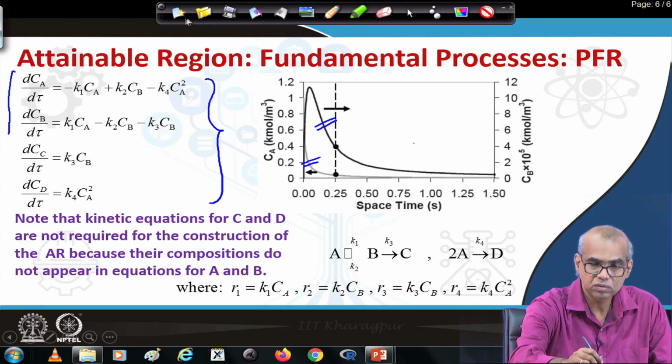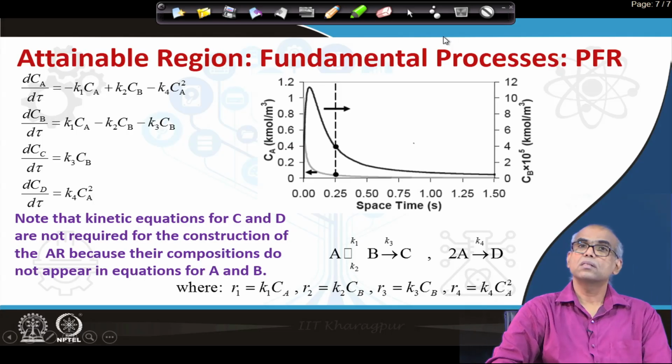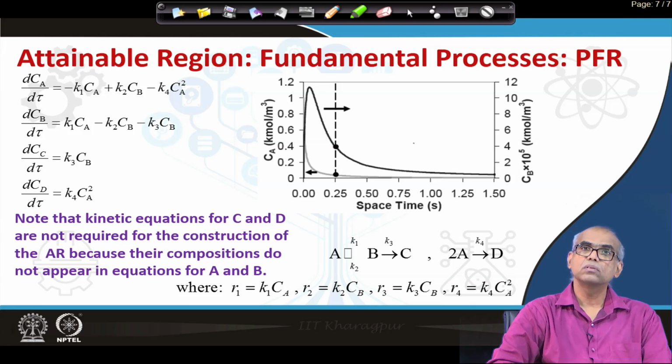Now, you already know that this graph, or the data obtained from this solution, can be used to present the concentration of A and B on the concentration space diagram, the CA CB diagram.